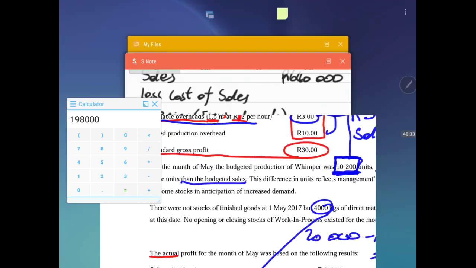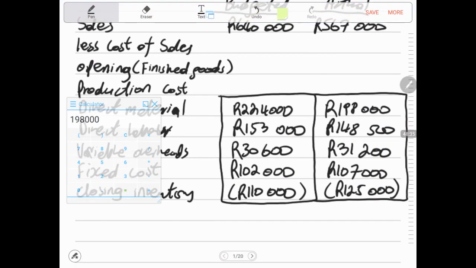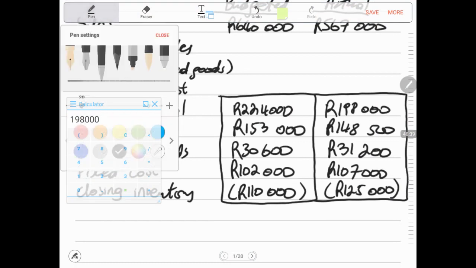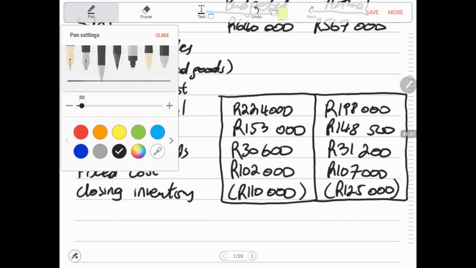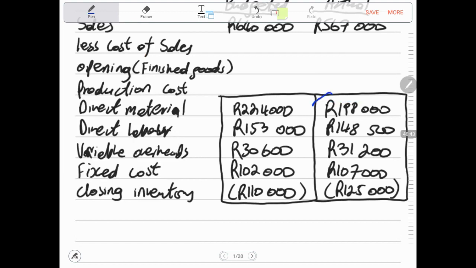So I just want to clarify the mistake of the inventory that I was calculating. Remember, it is this 198,000 of the material that was actually used in production. Sorry for explaining this because of the mistake that I made. I know some of you would have been confused.